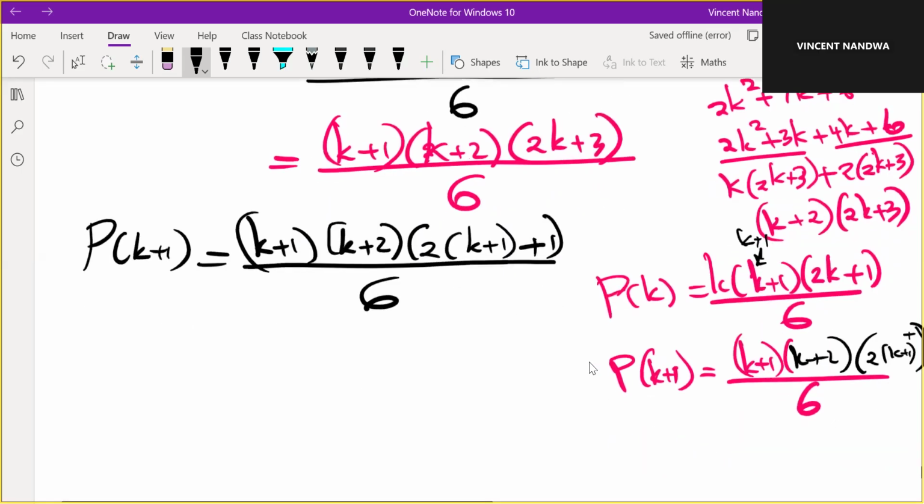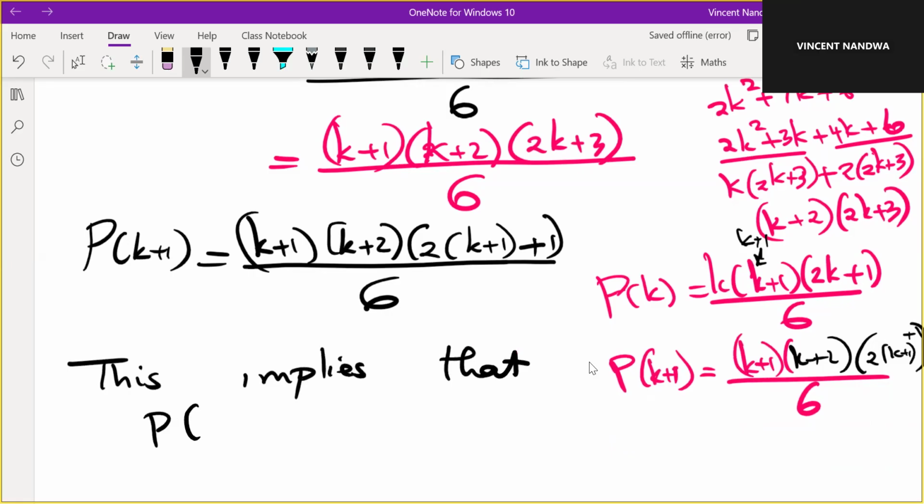So then we conclude that this implies that P of k plus 1 is true. And still the validity of this one came from P of k.